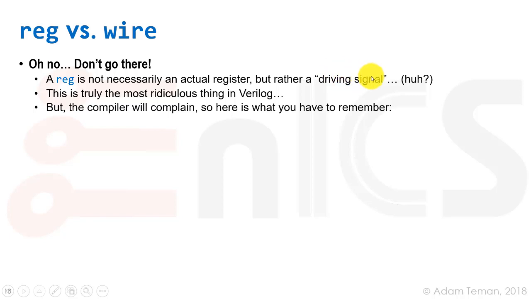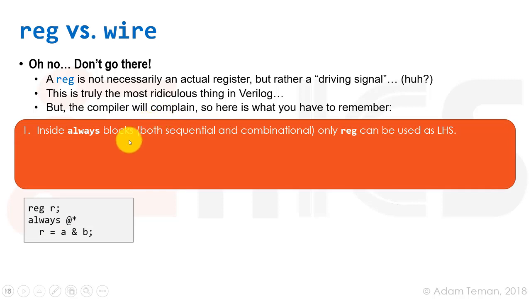It's a driving signal, whatever that is supposed to be. It's very ridiculous, and if you do the wrong declaration, then the compiler will complain, but basically it won't be a bug. But just so we don't have these complaints from the compiler, which we will scratch our head on what we should do to fix it, just follow these pretty easy rules.